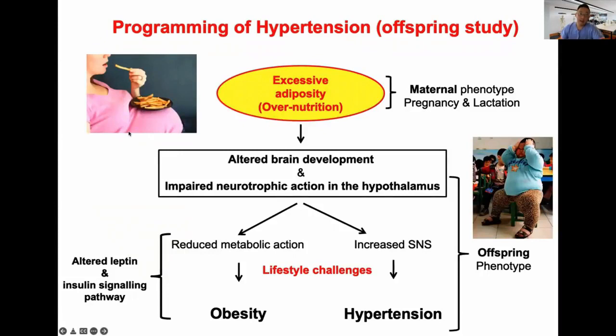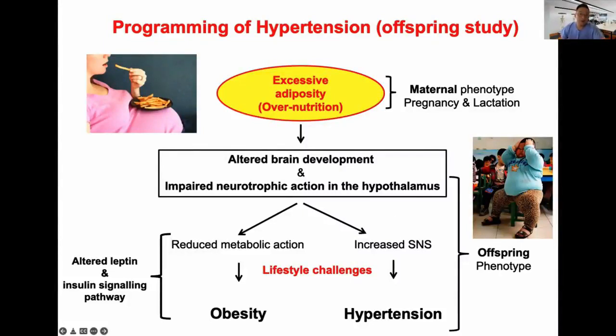So, our main hypothesis is that with exposure to excessive adiposity due to overnutrition in utero and during lactation, the offspring will experience altered development in the brain, in particular with the key receptors for appetite hormones. This includes the neurotrophic action in the hypothalamus.